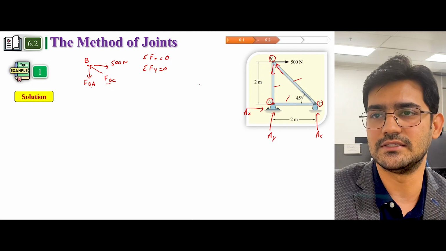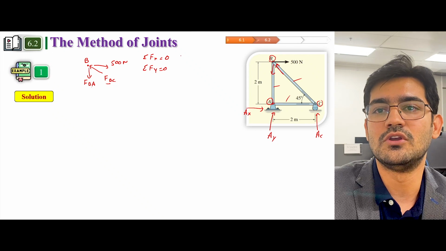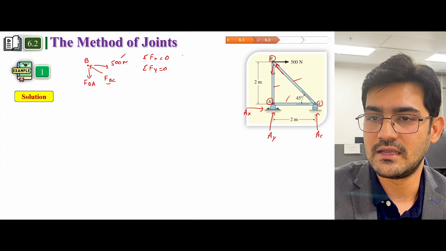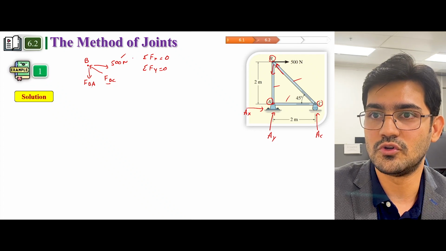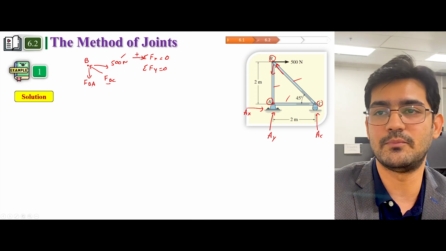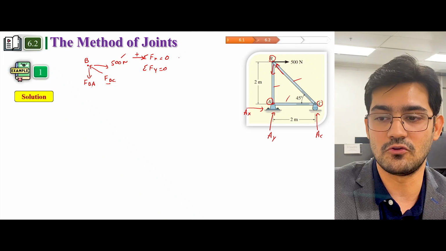So we'll understand this. Let's just do the summation of F_x equal to 0. How many forces are acting on the x-axis? This force is acting on the x-axis, and we also have to make an assumption: that all the forces acting horizontally are positive. This is an assumption we are making, and we're going to solve the equations accordingly.